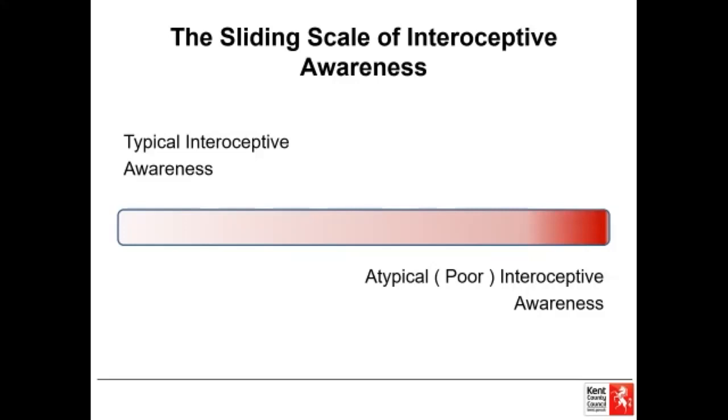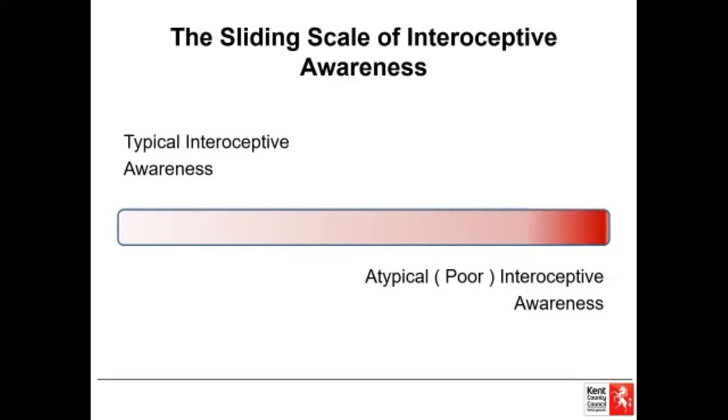If I keep flicking between typical and atypical, it can get a bit confusing. It's a sliding scale, a bit like autism is a sliding scale. So some people have typical levels of interoception awareness at the far end, and then you can have poor interoception awareness, and some people would fit in the middle, somewhere in between.